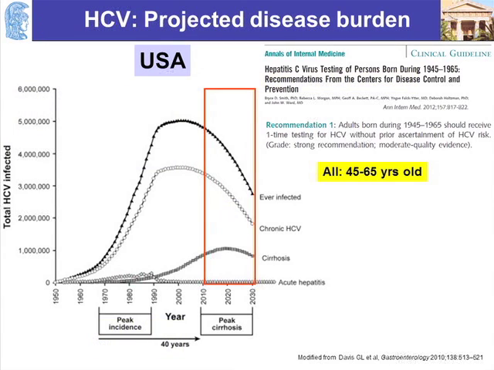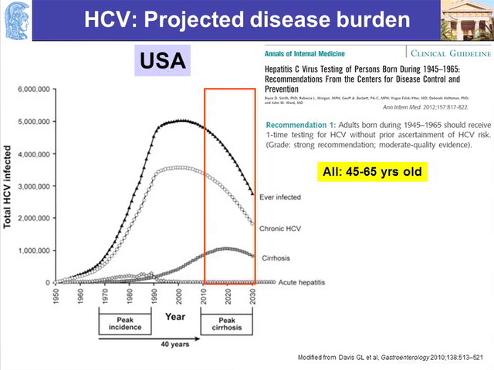Now, this is a major health problem, and probably Nizar can help us with some of that. We know now that in most developed areas of the world, the infection rates go down, but as you can see, in the next 15 years, it is expected that the number of patients with cirrhosis will increase in this country.